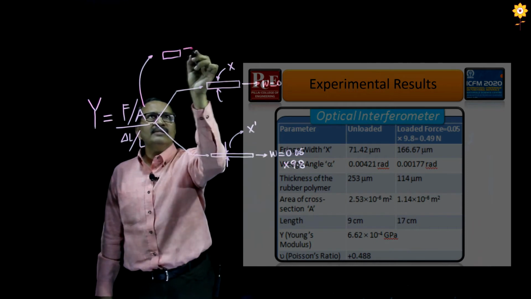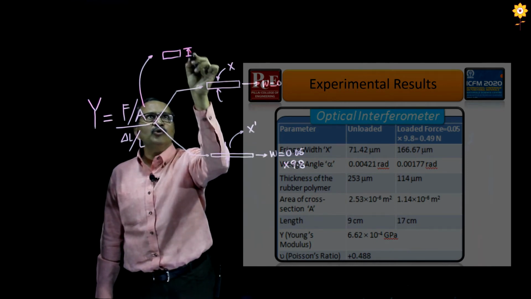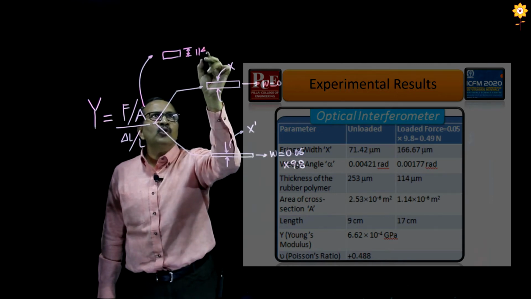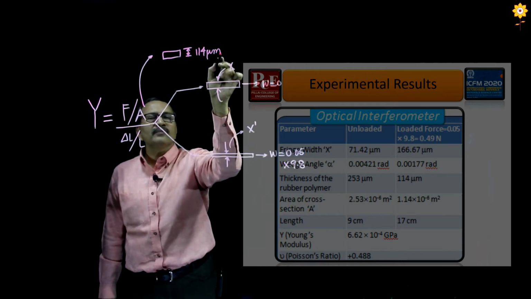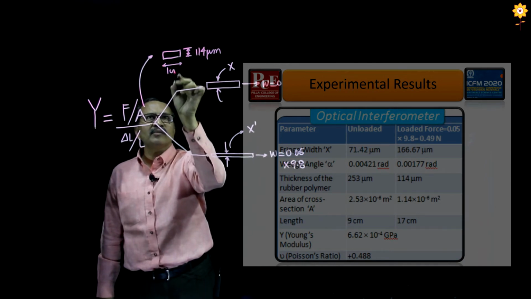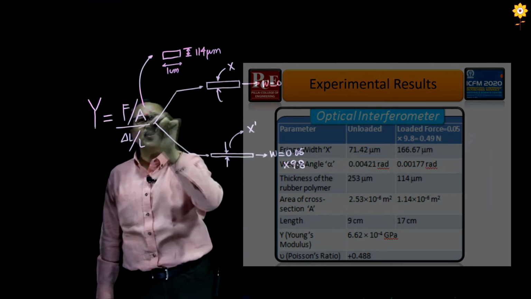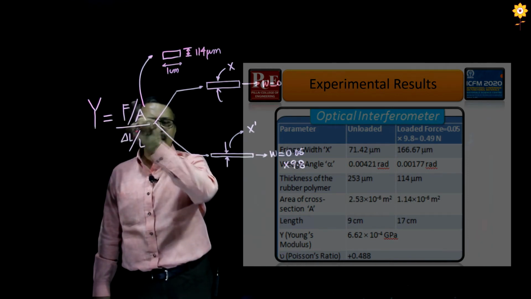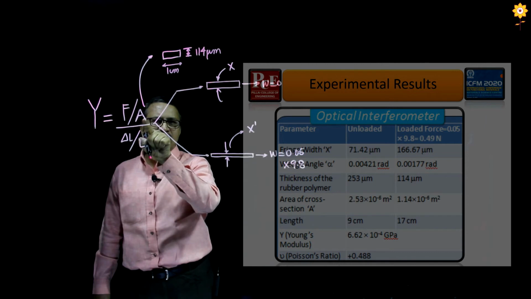This is turning out to be 114 micrometer, and this we had kept as a standard of 1 centimeter. When I multiply these two, I get my cross-sectional area. So I know the force, and I know my cross-sectional area.